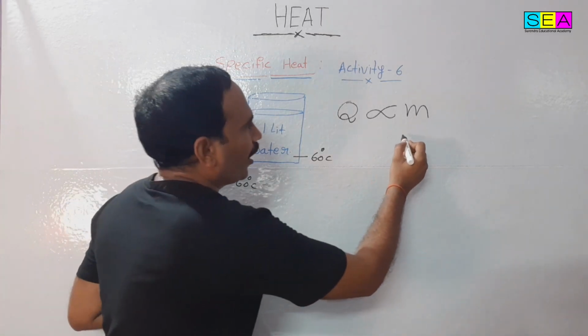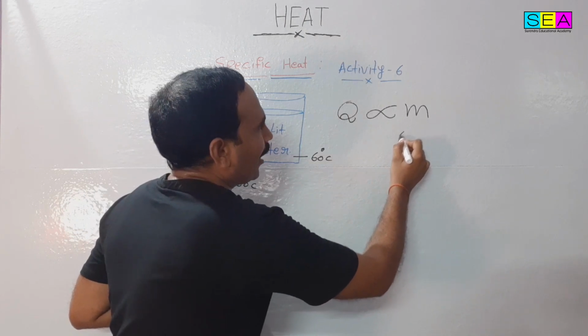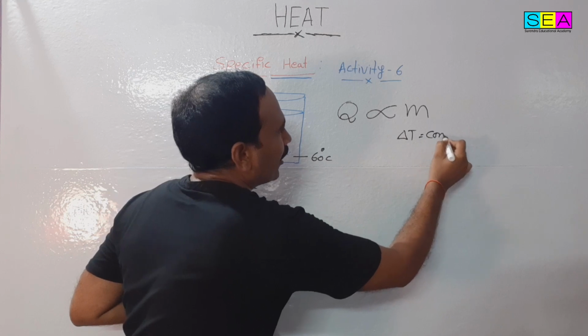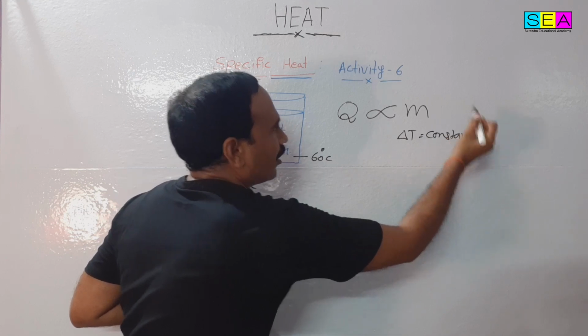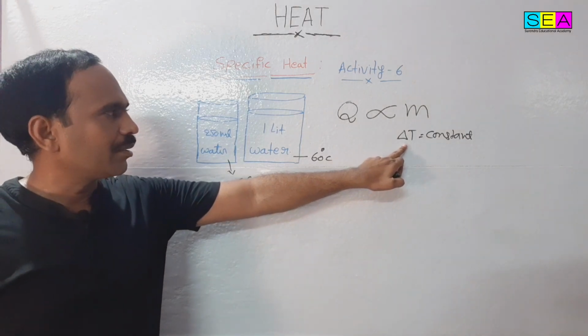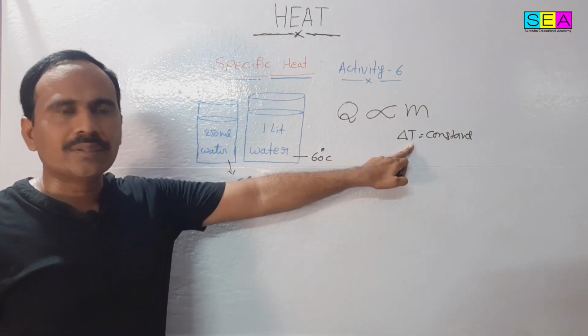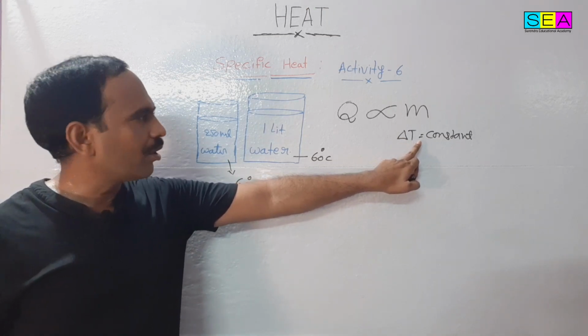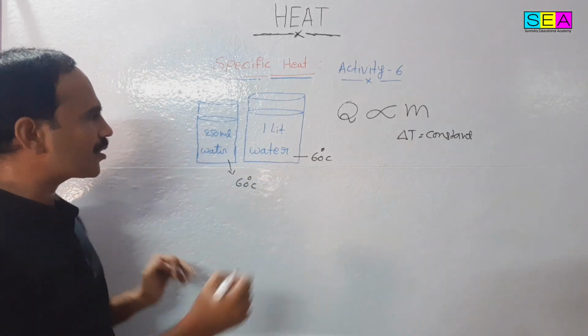When delta T is constant, here T is temperature, delta T means change in the temperature. So delta T, the change in the temperature, is constant.